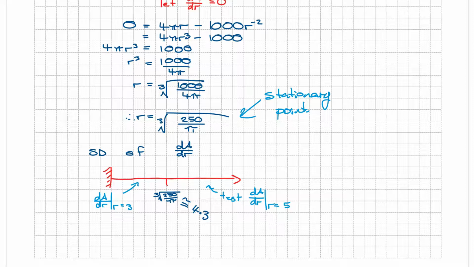If we go for dA over dr when r equals 3, we find it's negative there. And if we go for dA over dr where r equals 5, we're in the positive. So we're going from negative up to positive. So this part here is concave up, and because it's concave up, that infers that this is a minimum.